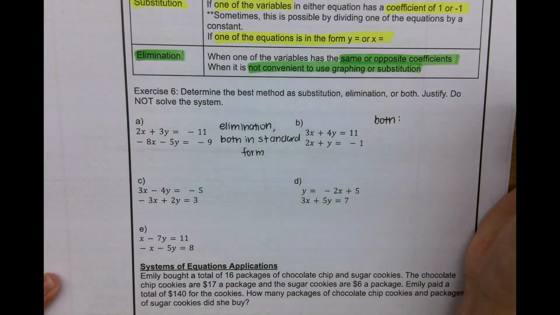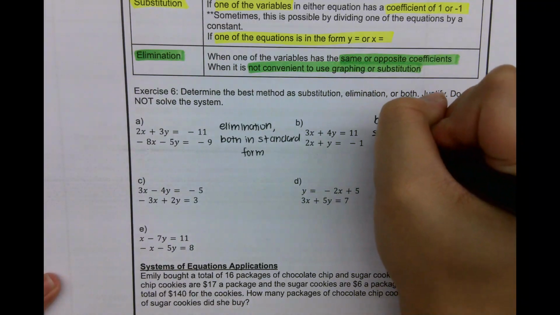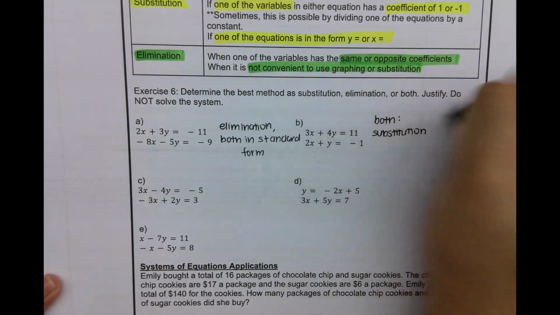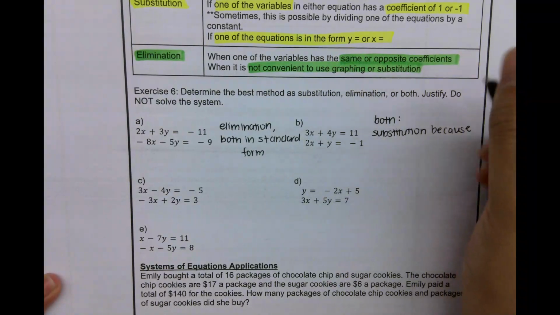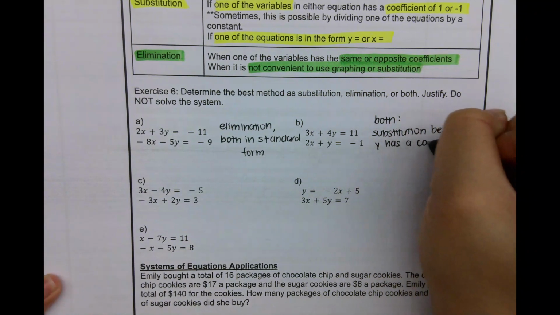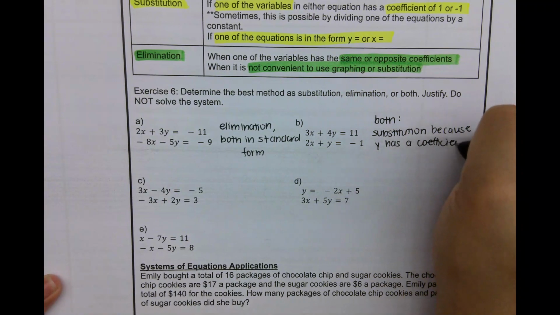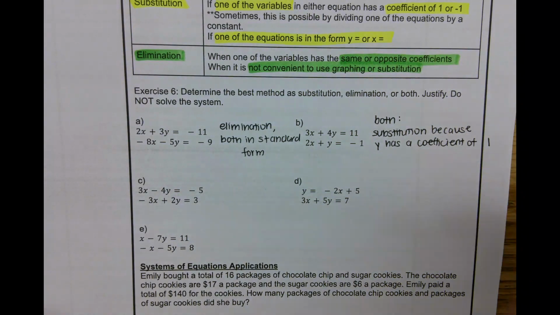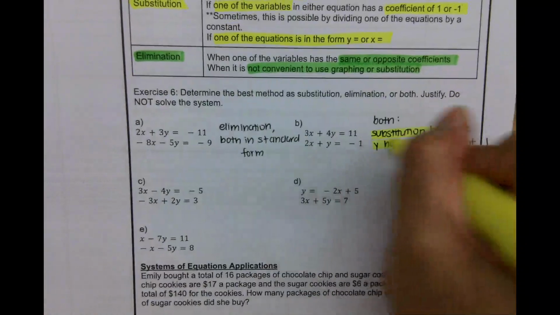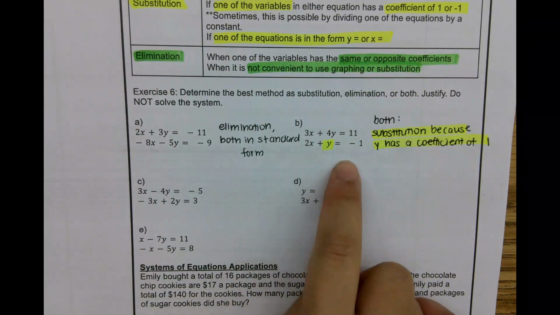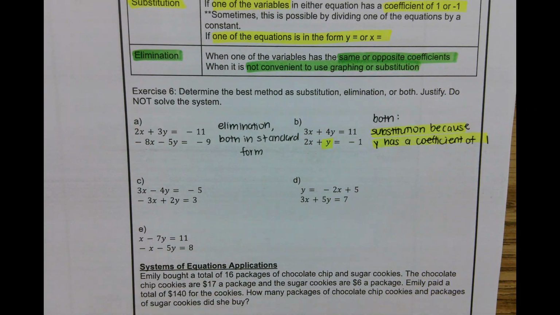I would choose substitution because y has a coefficient of 1. Since it's 1y, it's easy to just move that 2x over by subtracting and then substituting it in.